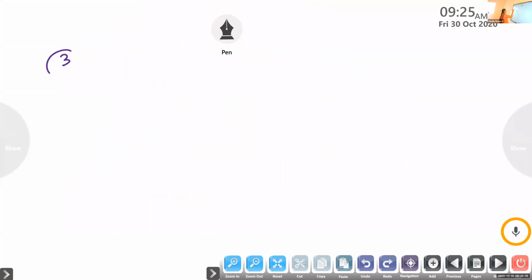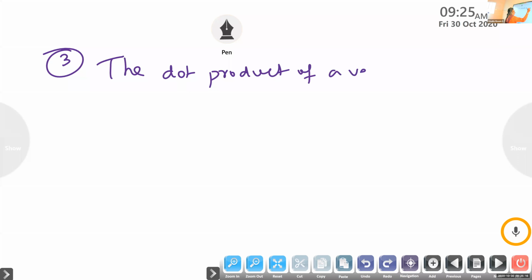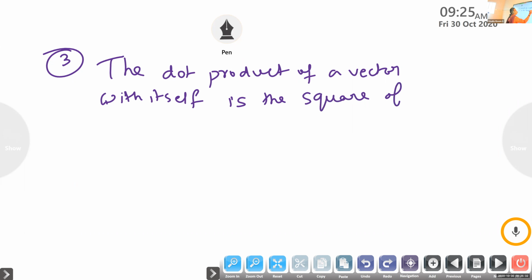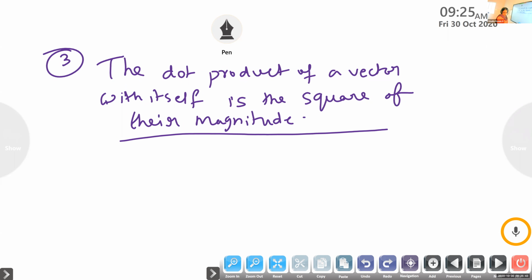Third one, third property, the dot product of a vector A with itself is the square of its magnitude. If you multiply a vector with the same vector, then the result will be the square of its magnitude.